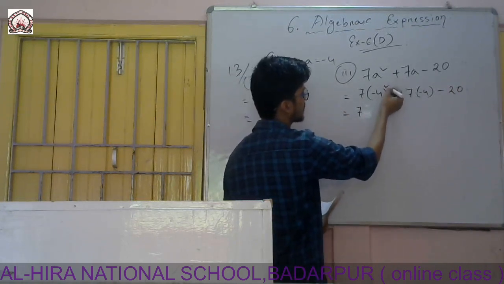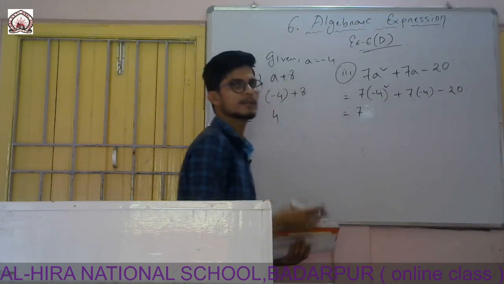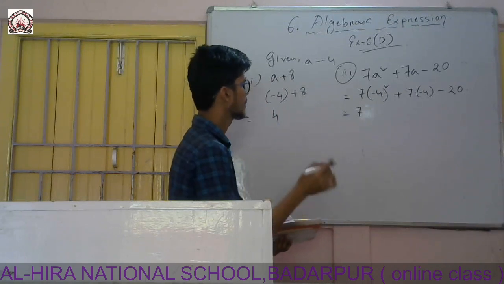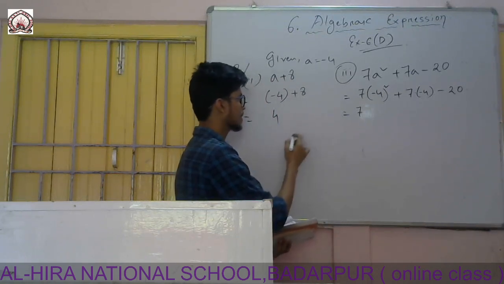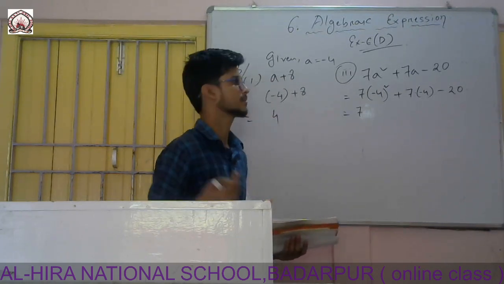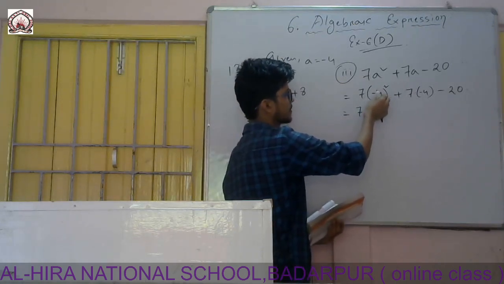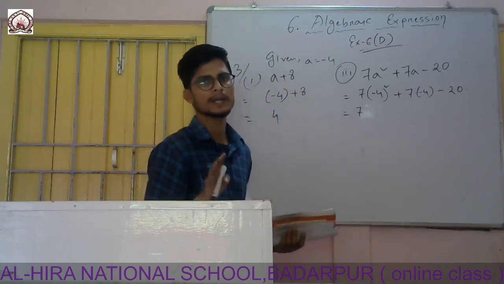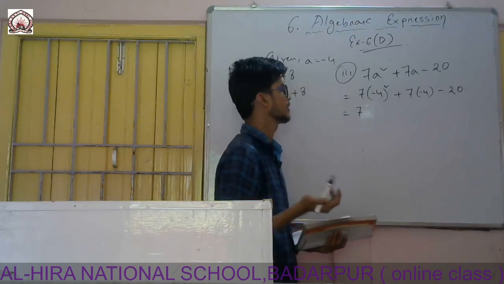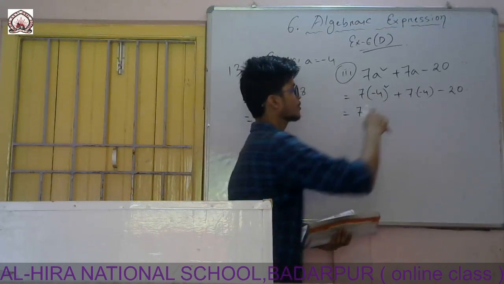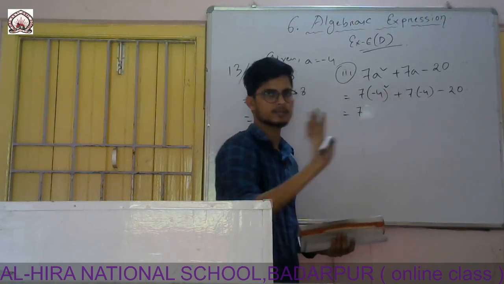So one thing you listen: if the power is an even number, then the minus sign is removed. If the power is given 2, 4, 6 like this, then the number inside the bracket, if it is minus, then simply the minus sign will go. And if the power is odd, like the cube term, then this minus sign will be there.